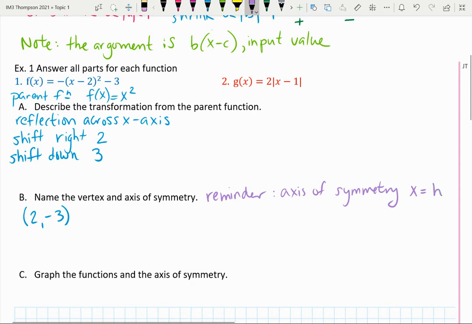Now, axis of symmetry can be a lot of different things. We can have axis of symmetry that are vertical, horizontal, a line with a slope, all kinds of things. For these functions that we've studied before, the axis of symmetry is a vertical line.